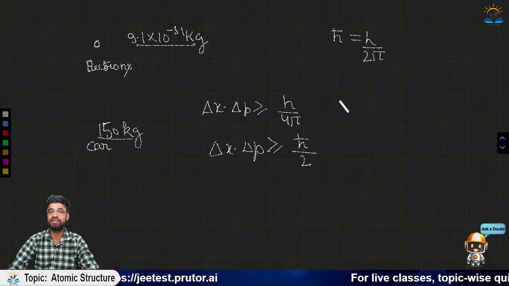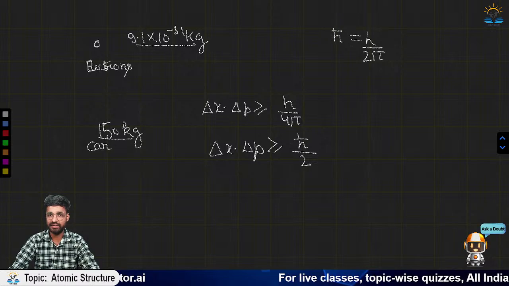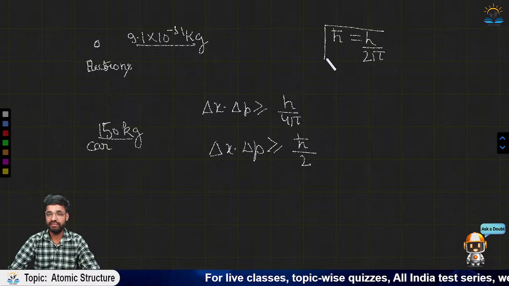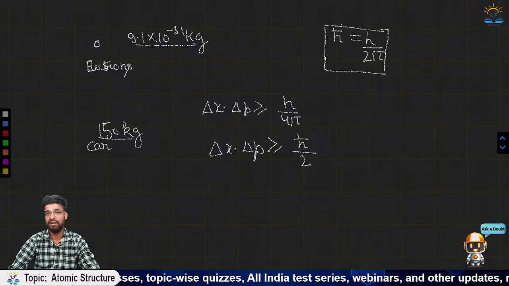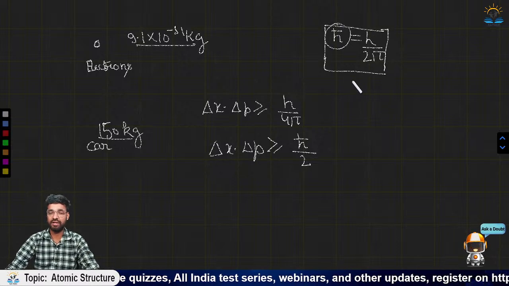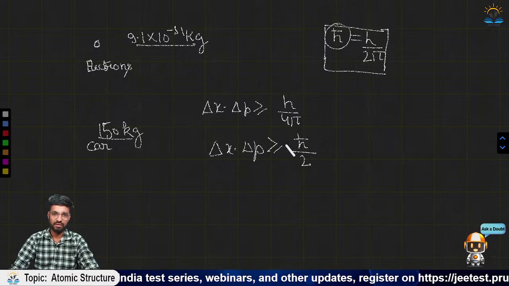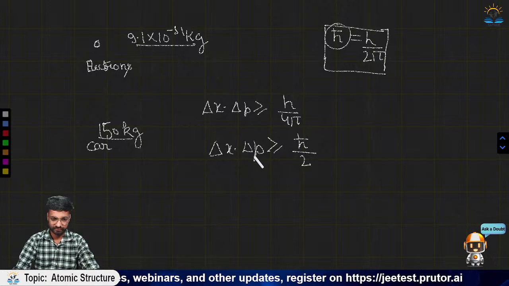It's the same formula, just a different notation. You will come to know the significance of h cut in higher education, but for now just take it as another constant equal to h by 2 pi.